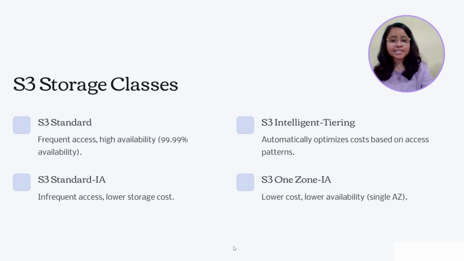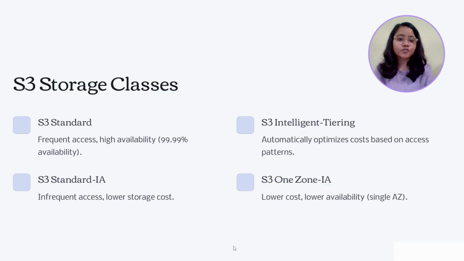Fifth one is S3 Glacier. It is for long-term archive with the lowest cost but retrieval times in hours. Sixth one is S3 Glacier Deep Archive. It offers even lower cost, great for long-term storage with retrieval time of up to 48 hours. A big cost saving opportunity here is using S3 Standard-IA or S3 Glacier for data that you don't need to access frequently.